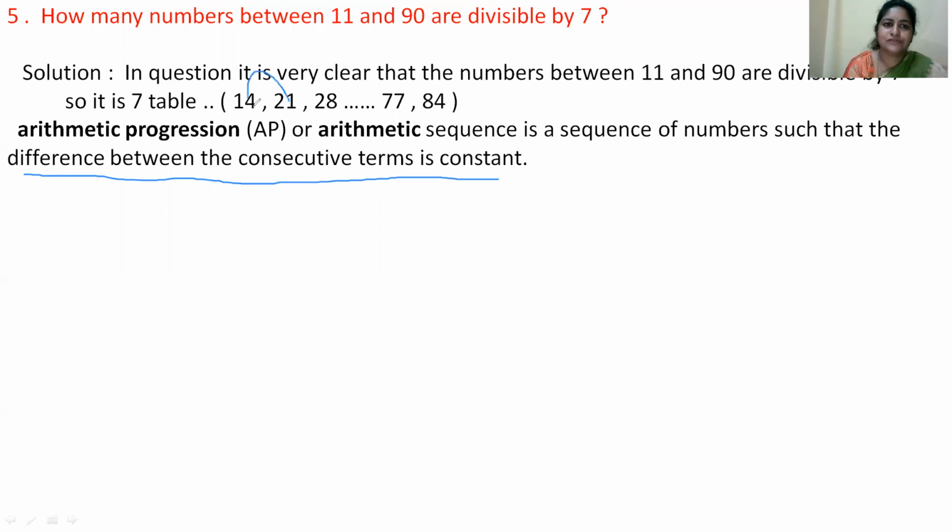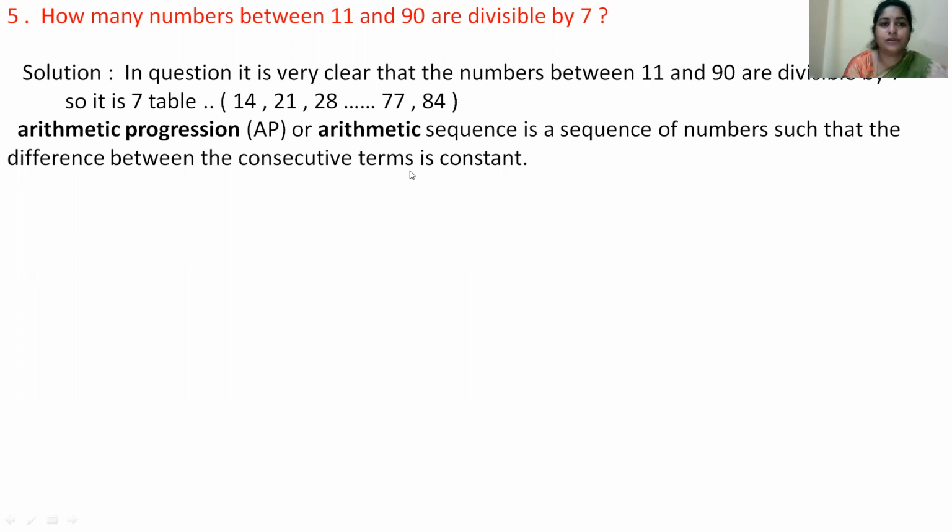That is, 21 minus 14 is 7, 28 minus 21 is 7, and so on. Again, 84 minus 77 is also 7. That means the difference between consecutive terms is constant.